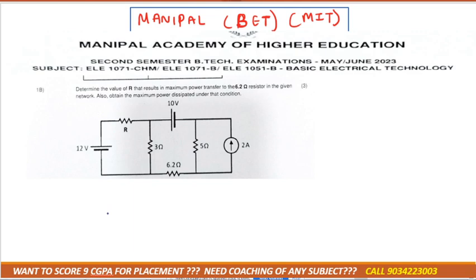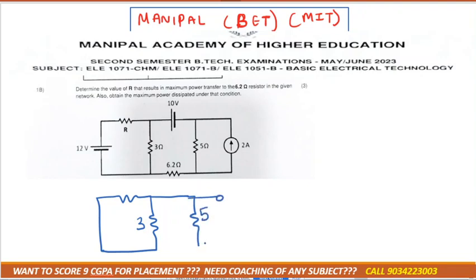This was the diagram. I am short circuiting the voltage source. The resistance is as it is. RL 3 ohm is as it is. Again short circuit the voltage source. 5 ohm is as it is. Open circuit the current source, and for the calculation of RTH, RL will be open circuit, right? That is what we do.